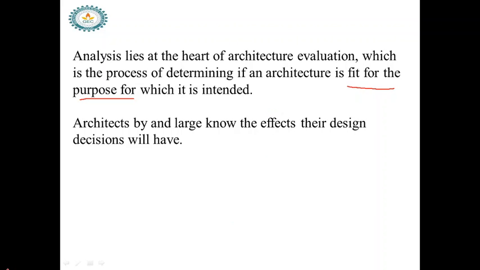So that's why, before converting the requirements into the project, the architect will analyze how much cost it requires, what will be the benefit of using this architecture, and what are the consequences of using it.